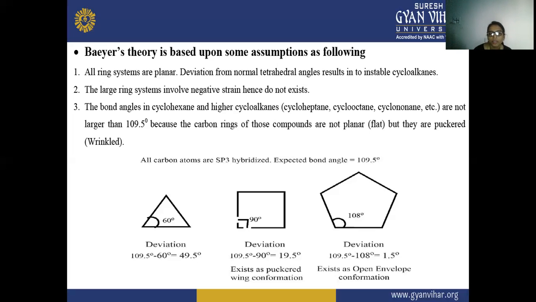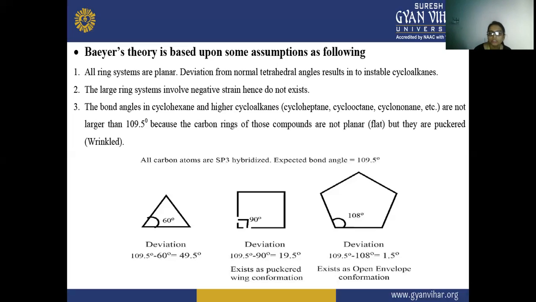Next, the bond angles in cyclohexane and higher cycloalkanes, for example cycloheptane, cyclooctane, cyclononane, etc., are larger than 109.5 degrees.